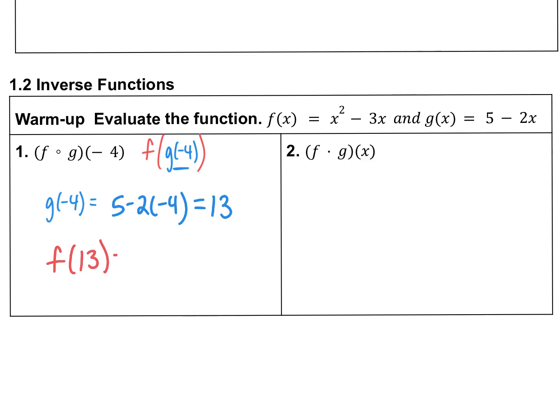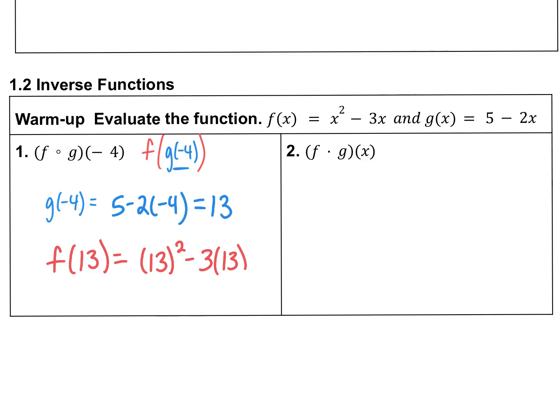F of 13. How do we do that? 13 squared minus 3. Like that? Okay, perfect. And then I go simplify that. I could do it maybe without a calculator, but if I use the calculator, it'd be a little easier.